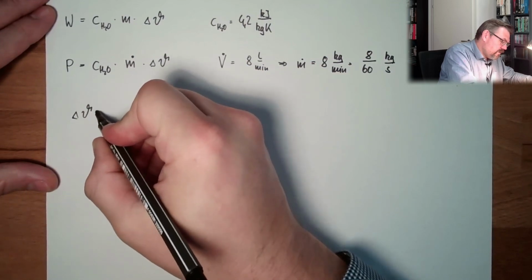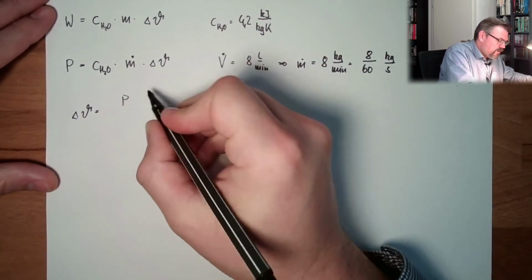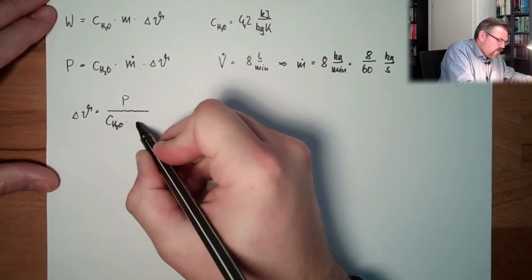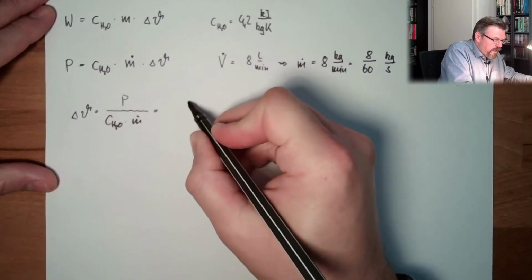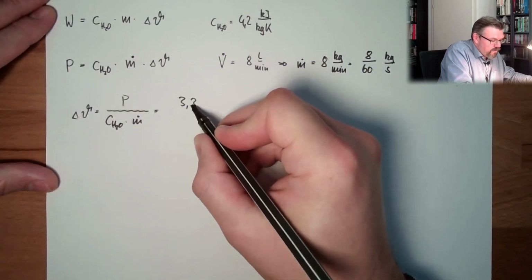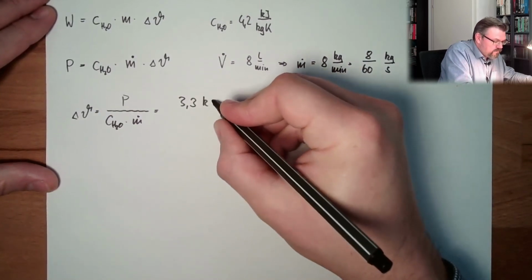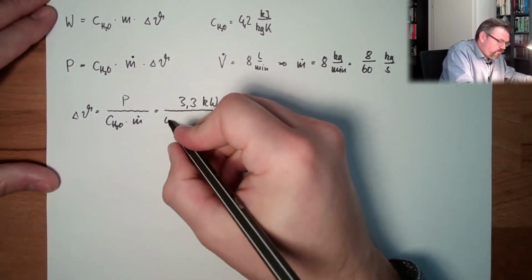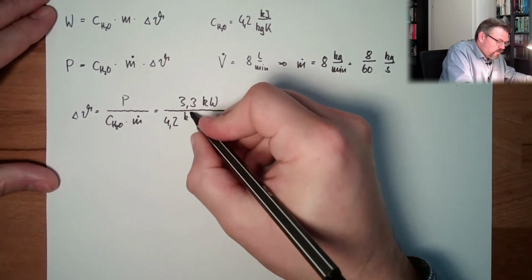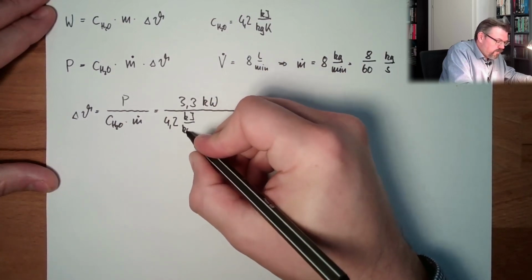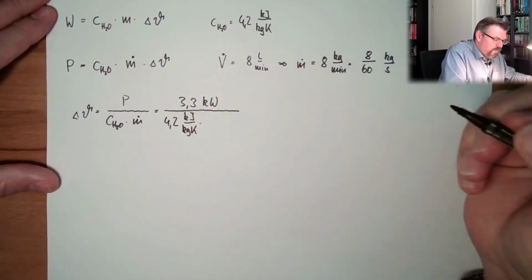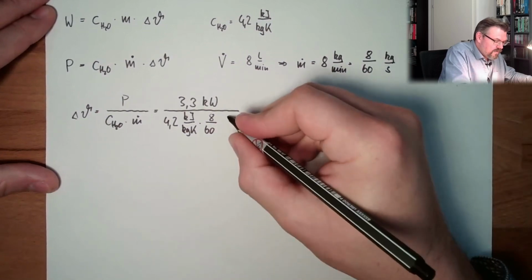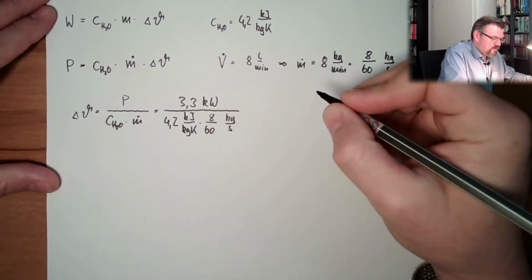So delta theta equals the power P divided by, so we had 3.3 kilowatts divided by 4.2 kilojoule per kilogram and Kelvin multiplied by 8 divided by 60 kilogram per second.